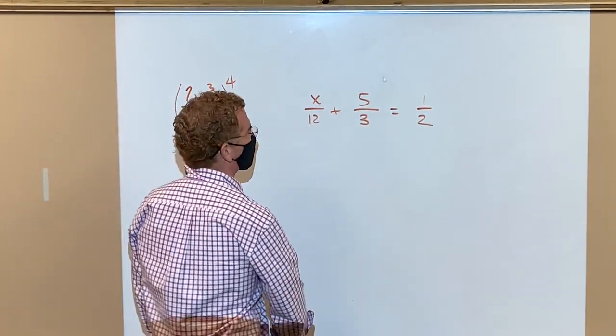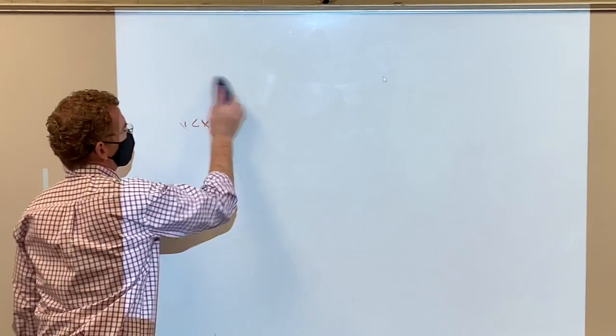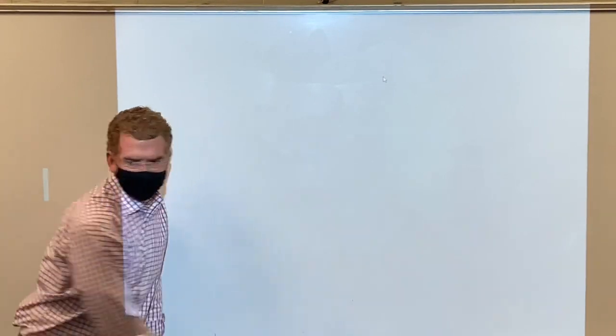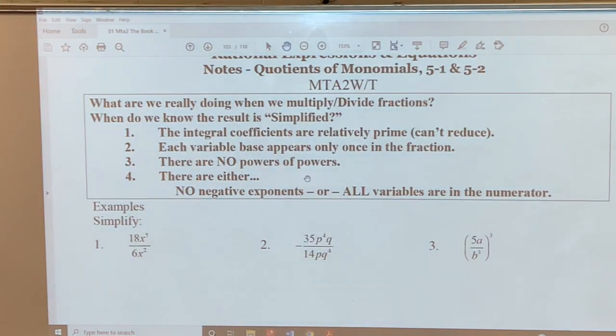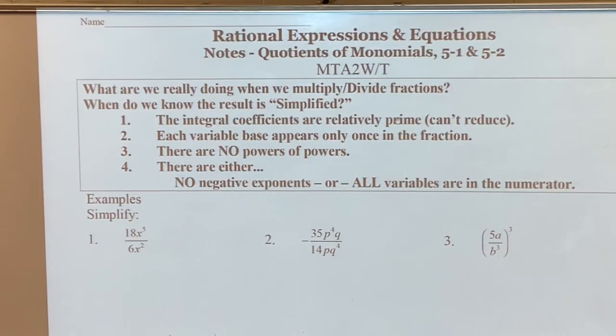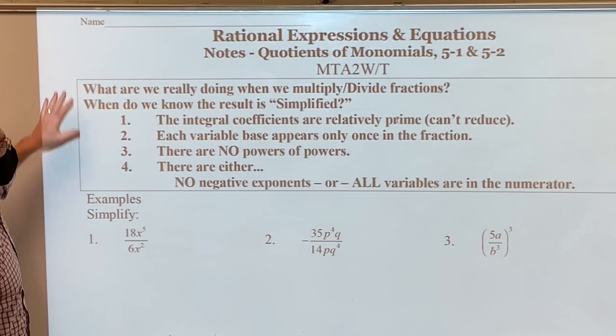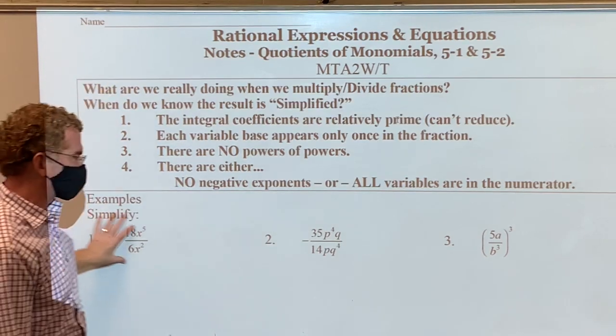So if you look at this first page in the book, I think it's somewhere in the neighborhood of 103, you'll see it says rational expressions and equations, and we're going to be simplifying these and going through the process of that.